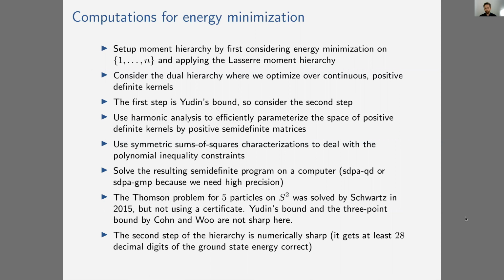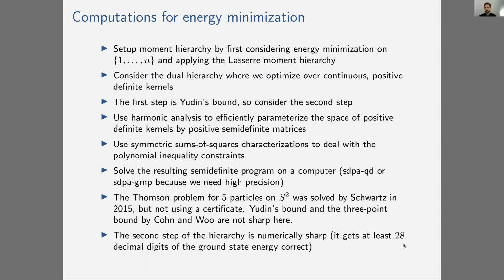And then the second step of this hierarchy turns out to be numerically sharp. What do I mean by numerically sharp? Well, at least I used SDPA-QD here. The optimal energy is some algebraic number, and we get at least 28 of the decimal digits of this algebraic number correct.